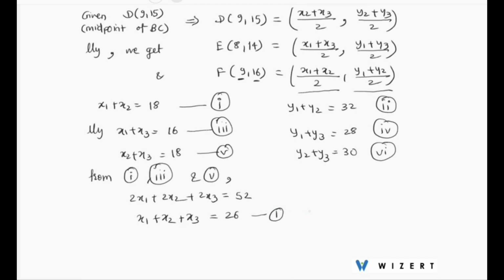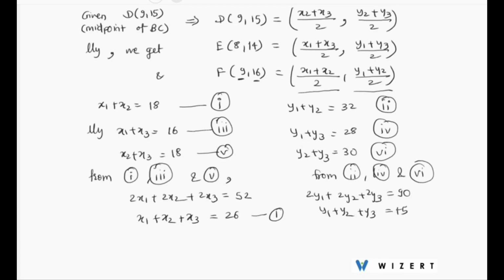Let's call this equation 3. Similarly, from 2, 4 and 6, we have 2y1 plus 2y2 plus 2y3 equal to the summation of all these, which is 90, and y1 plus y2 plus y3 is equal to 45. Let's call this equation 4.